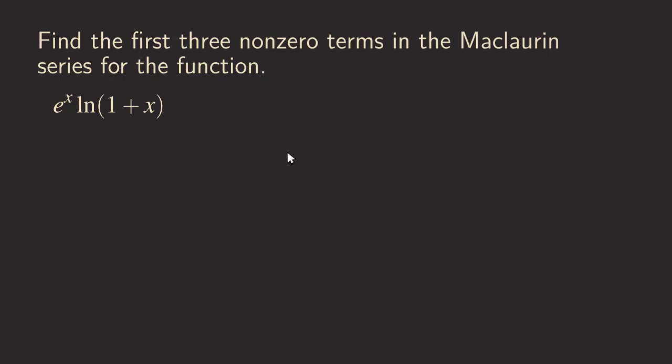So let's do that. First, at the beginning, we are going to recall those two Maclaurin series right here. The first one is e to the x. e to the x is equal to the sum of x to the n over n factorial.